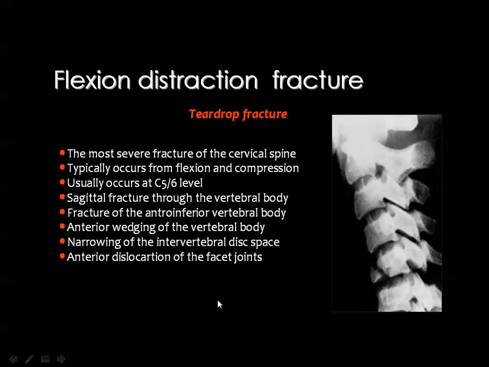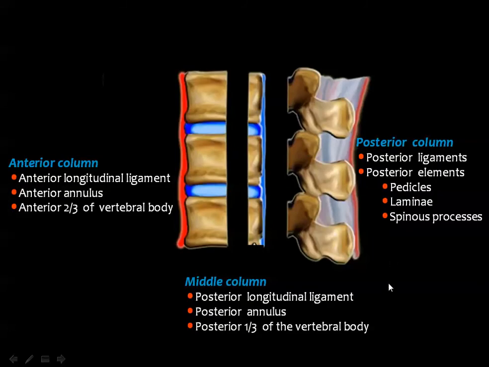This fracture is, as I have said, very severe, and it may result in dislocation of the facet joints, as I will explain after that. And you all know that we have the three columns of the vertebral column or vertebral alignment, and they are divided into three parts. The anterior column, which comprises the anterior longitudinal ligament, the anterior aspect of the annulus fibrosus of each disc, and the anterior two-thirds of the vertebral body.